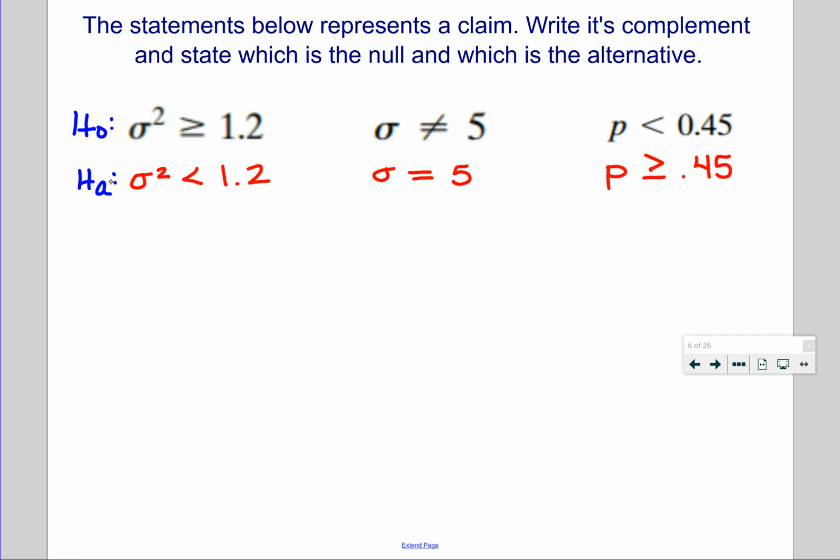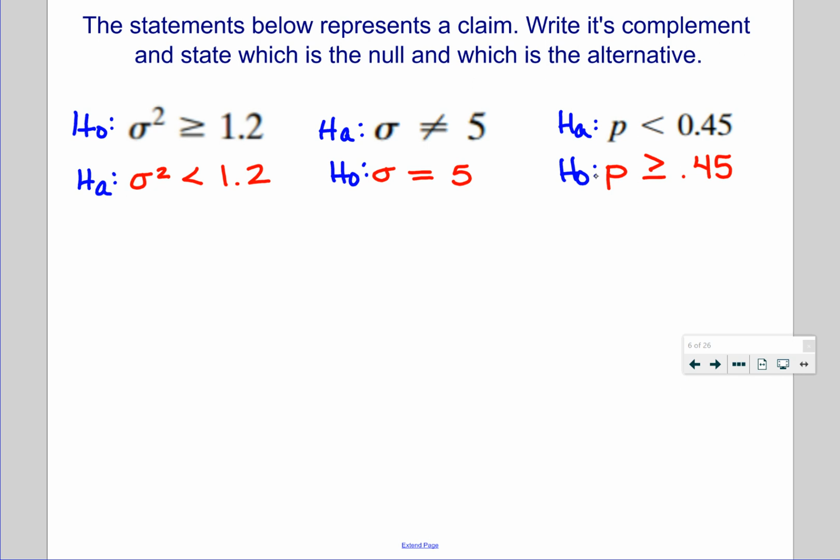In the middle, my claim is the alternative hypothesis, not equal to, and the null is its complement, equal to. And then it's going to be the same situation for that last one. The alternative hypothesis was the claim. The null hypothesis is the complement.